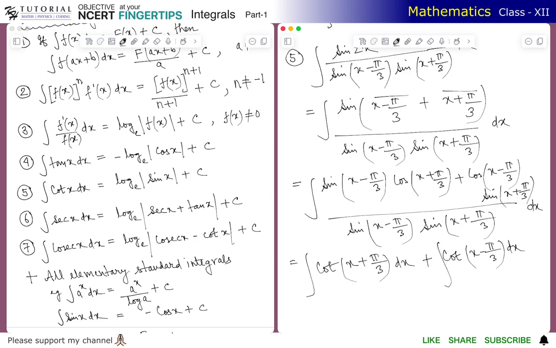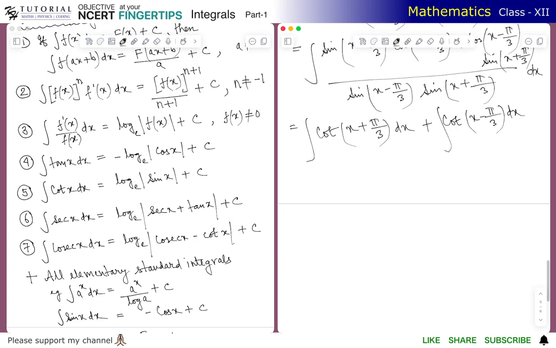So now we know the integral of cot x is log of sin x.